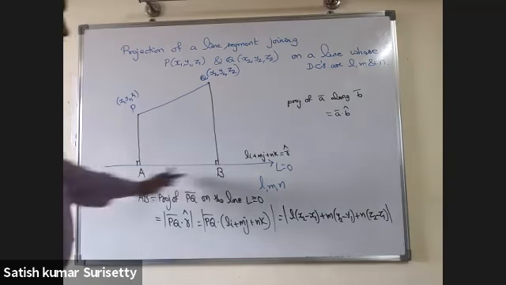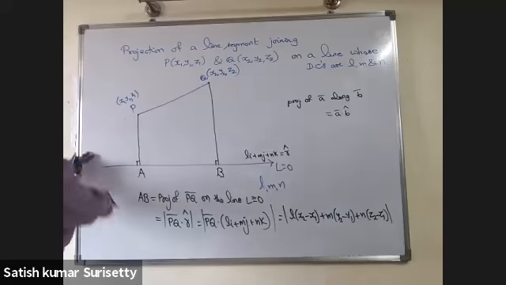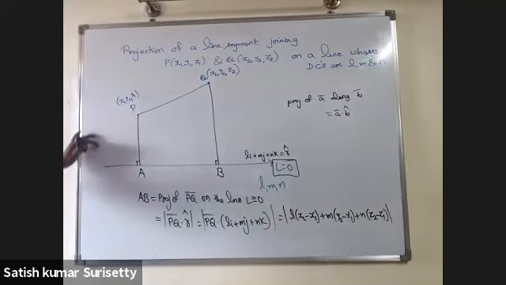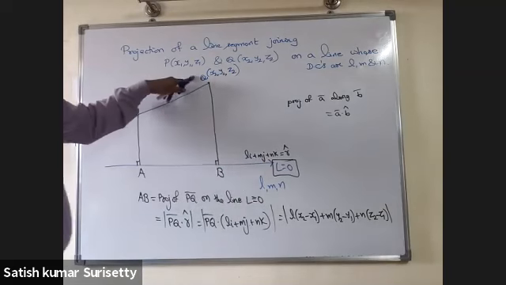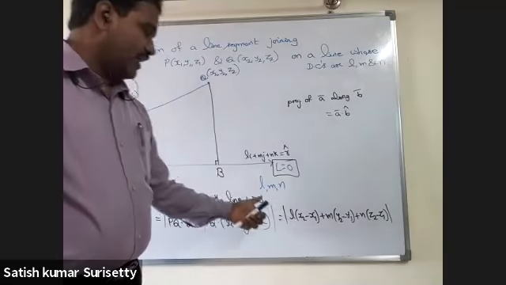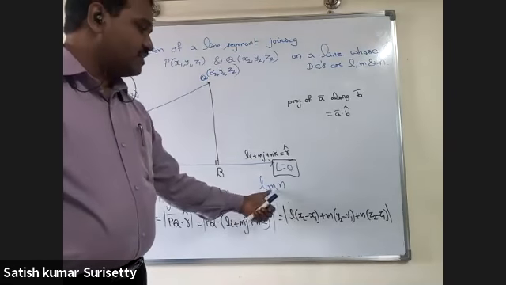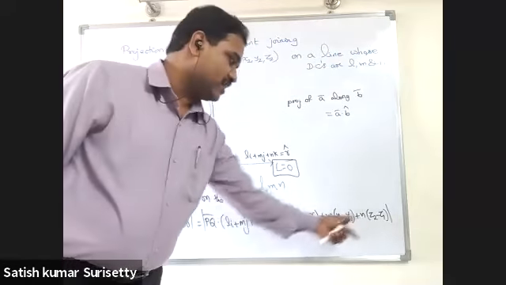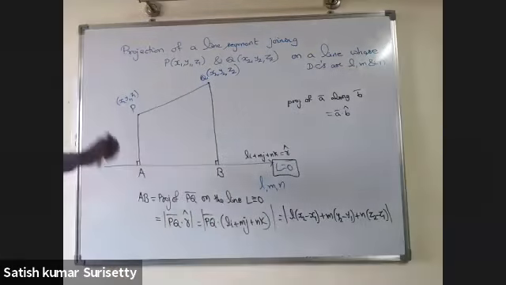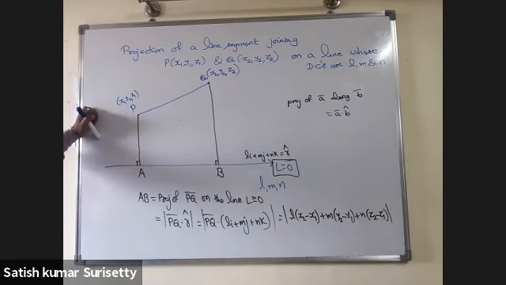Suppose this line is the x-axis. Then what is the projection of PQ on the x-axis? The direction cosines of the x-axis are 1, 0, 0. That means this becomes 1 into (x2 minus x1), that is, modulus of x2 minus x1. Write that also as a note.